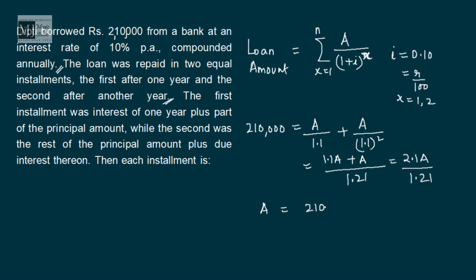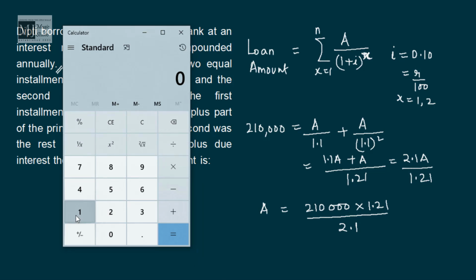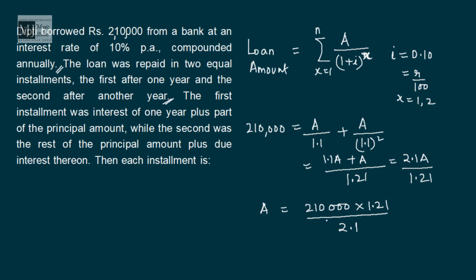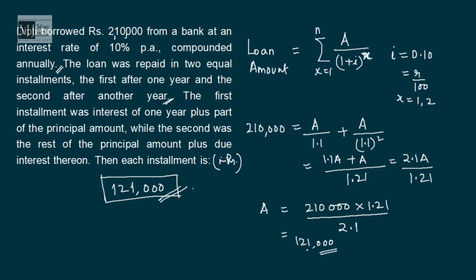Therefore A would be simply 2,10,000 into 1.21 divided by 2.1, which is 1,21,000. So the installment amount is 1,21,000. Since it is a TITA type question, we'll feed in 121,000.